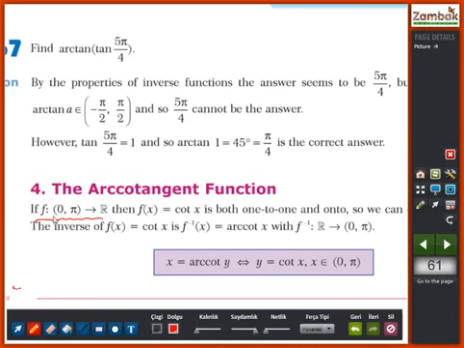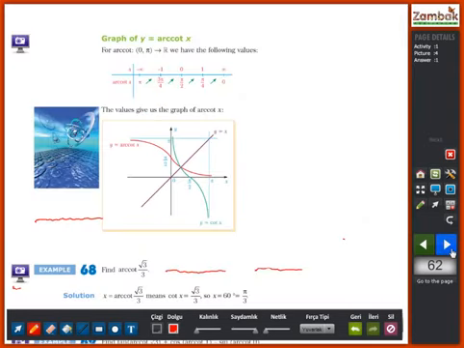If we limit the domain, it will be a one-to-one function, so it will have an inverse. This is our function, and this is the inverse of our function. The domain of our function is between 0 and pi, so it will be the range of the inverse function arccotangent, the value of this one, x, which is between 0 and pi. Okay, let's give examples.